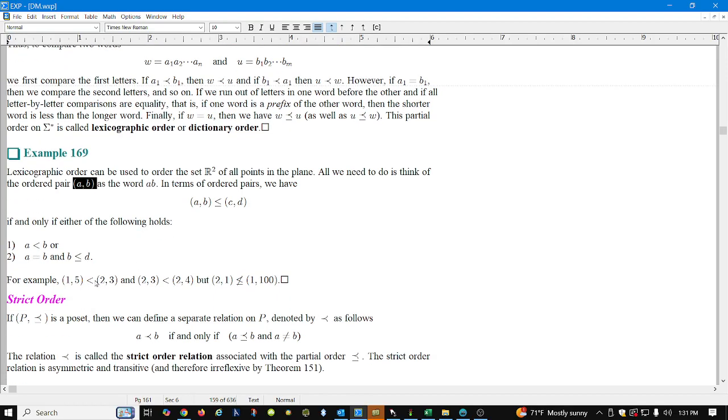So for example, if we were comparing these two ordered pairs, these 2 points in the plane, because the x coordinate is smaller in the first ordered pair than it is in the second, the ordered pair is less. And here we have the same first component. 3 is less than 4, however, so this ordered pair is less than this one.